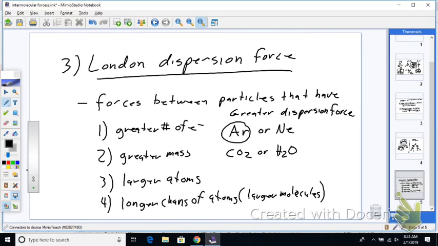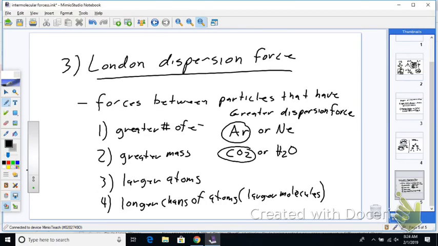And then water is 2 plus 16 is 18. So this has a greater, now, it doesn't have a greater overall intermolecular force. Water is going to have a greater intermolecular force than CO2 for a variety of reasons, and we can talk about that later. But if we're just looking at number 3, and that's it. Does everybody agree with that?